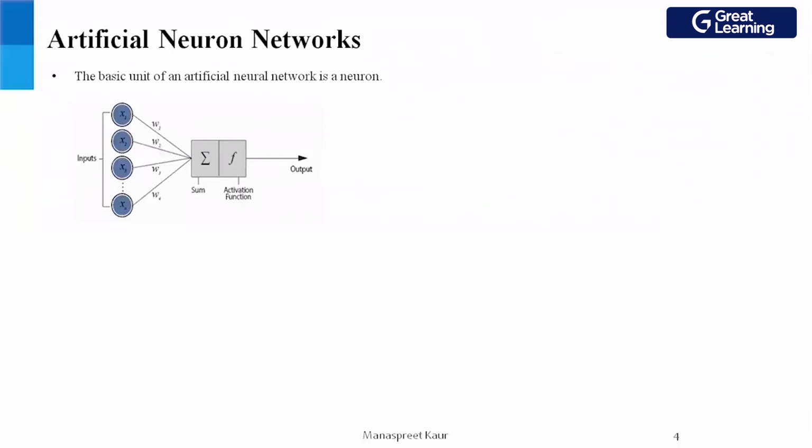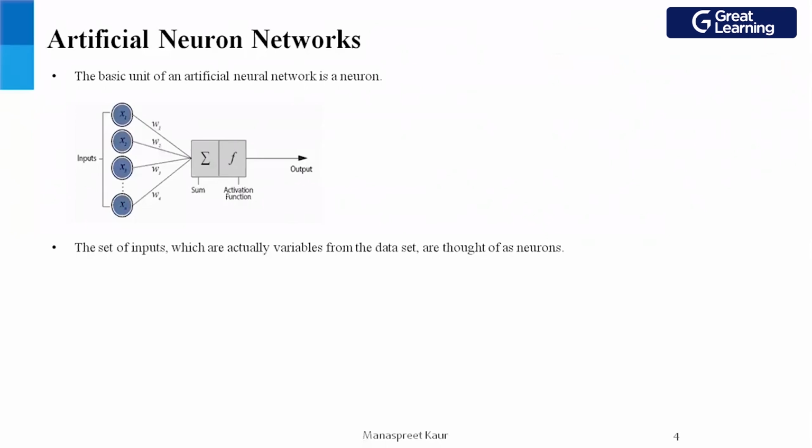Each variable in our input data set does not have equal importance. There are variables which are more important, and variables which are less important. How that is decided is through these weights. Whichever variable is given a higher weight is comparatively more important than a variable which has a lesser weight. So this is how the weights are used in a neural network.